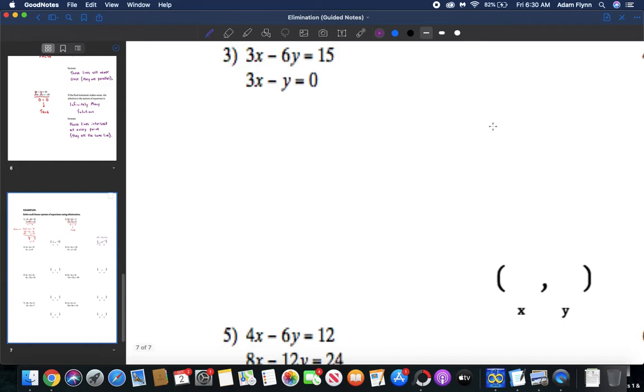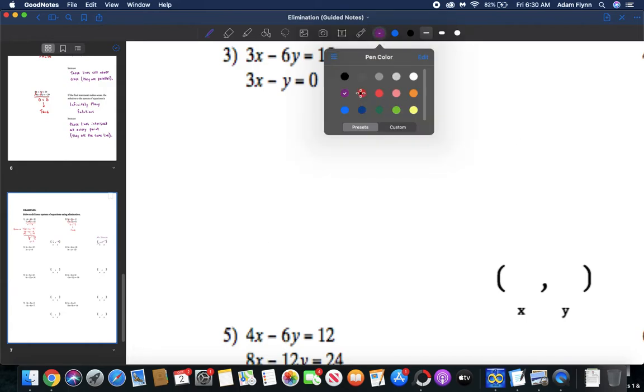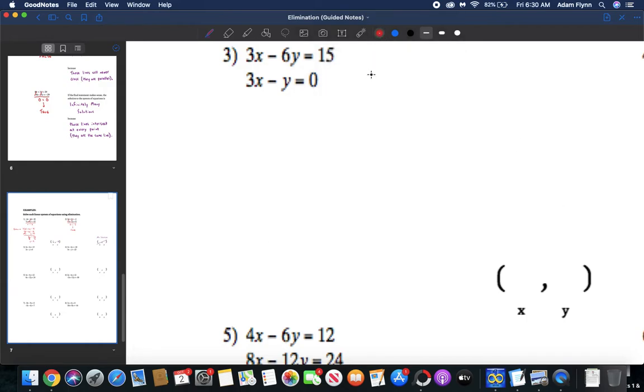So taking a look at number 3. Okay, I've got 3x minus 6y equals 15, and I've got 3x minus y equals 0. Some people take a look at our x's right here, and they see the same number. They see 3 and 3, so they think, oh, those immediately eliminate. These aren't going to eliminate because even though they are the same number, they don't have different signs.